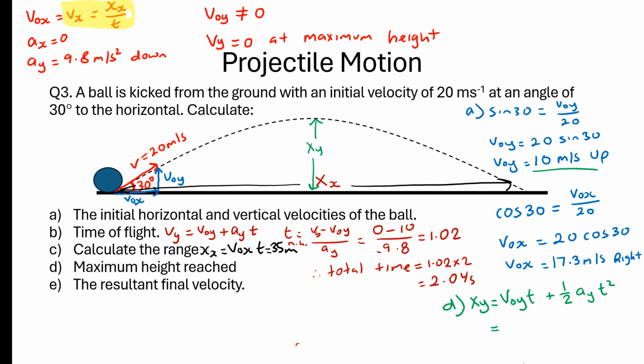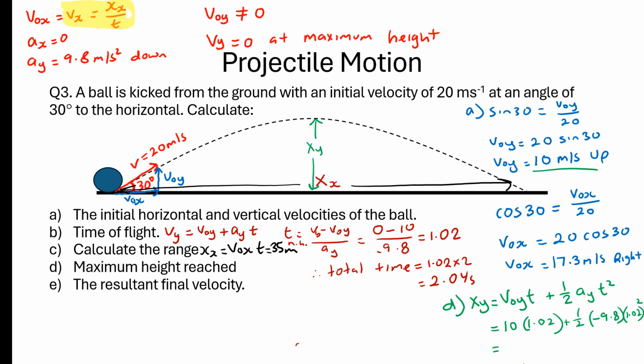So 10 times t, the time it took to reach the maximum height, is equal to 1.02 seconds, plus half times 9.8. Don't forget, ay is minus 9.8, times t squared, so times 1.02 squared.